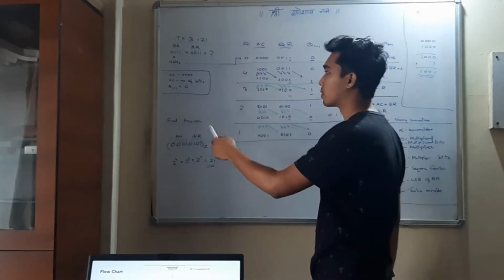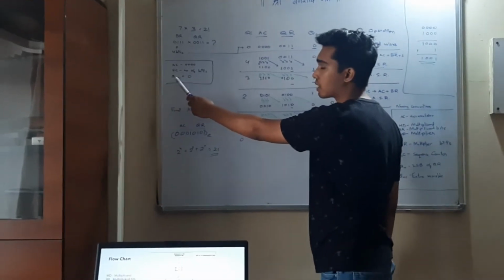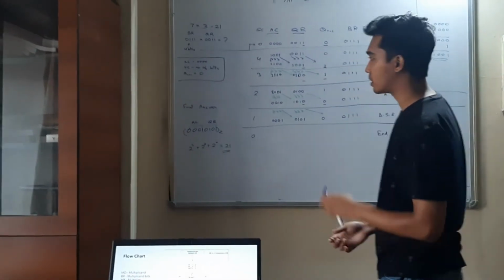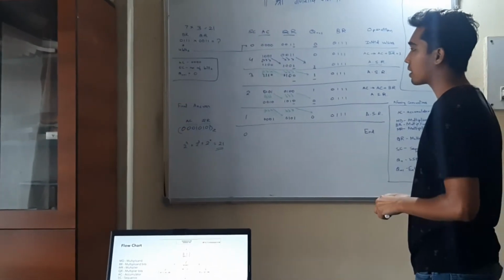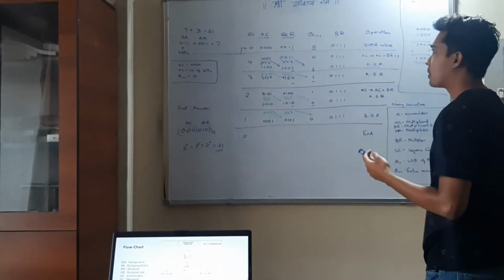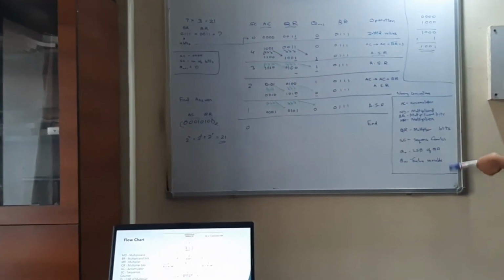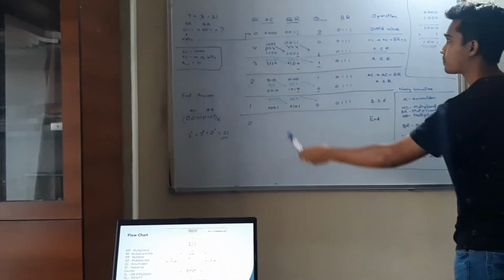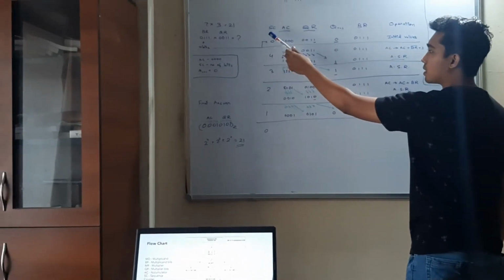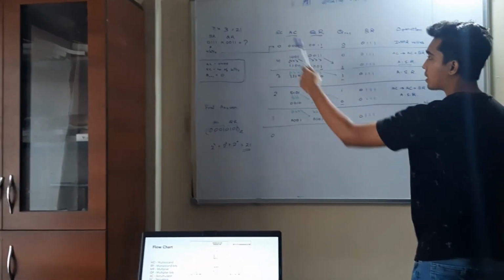Going ahead, we also take Qn plus 1 as 0 in a single bit, and then we start the problem. I have also written the naming conventions here, you can refer to it. We start the problem by naming the columns.